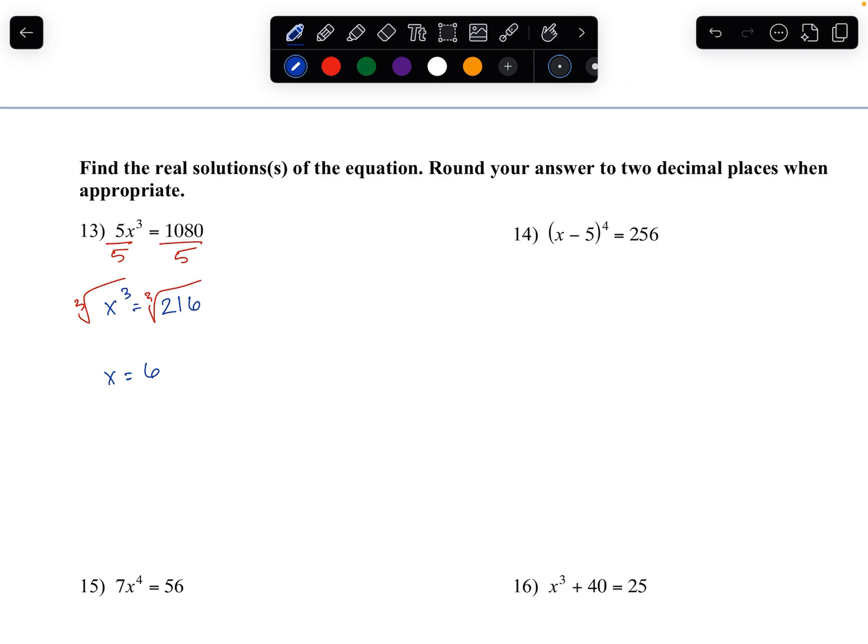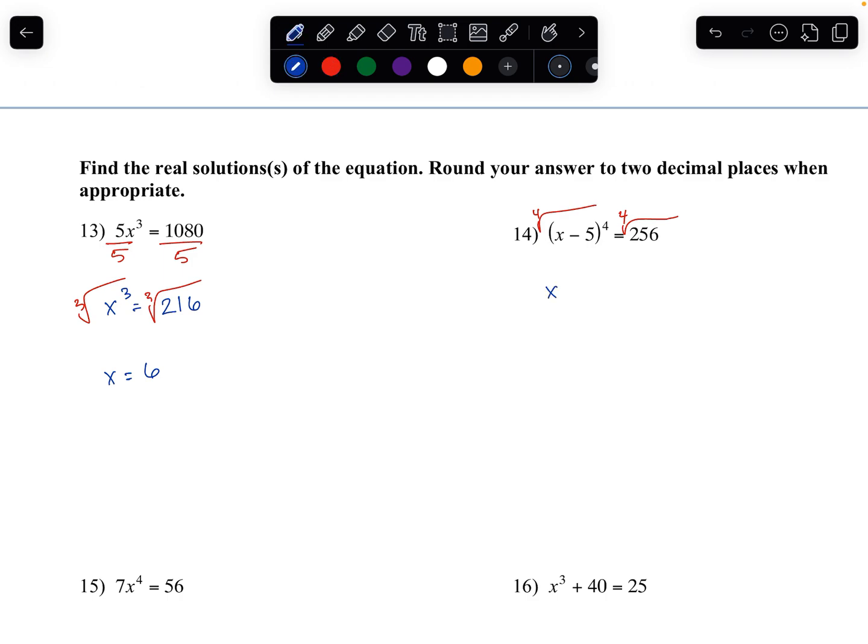Okay, now this next part right here, so again, I'm solving for x, but I have to work around, so like this one, the first thing I did was divide by 5. Instead of taking the cube root, I don't want to take the cube root first. In this case, though, I want to take the fourth root first because x is inside of those parentheses, which means I want to get rid of that before I can get inside of it. And so I'm going to use the fourth root.